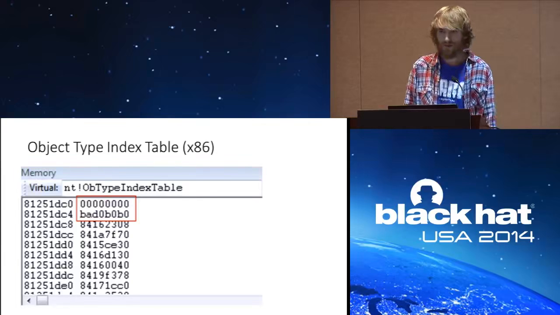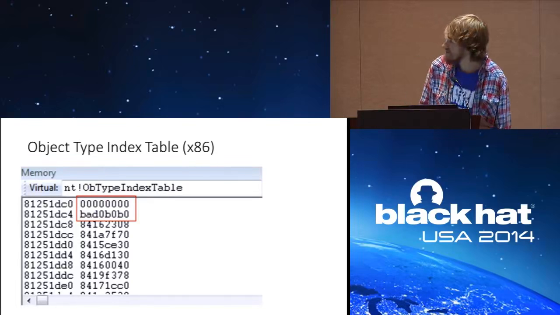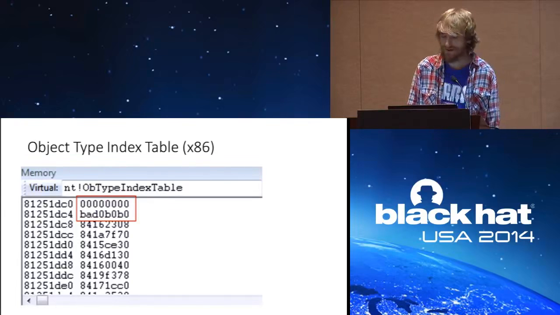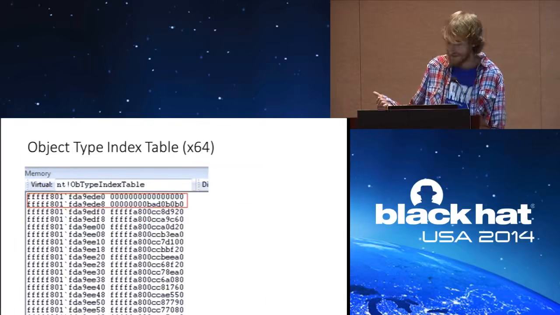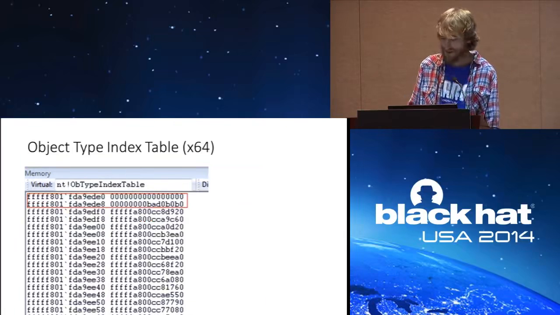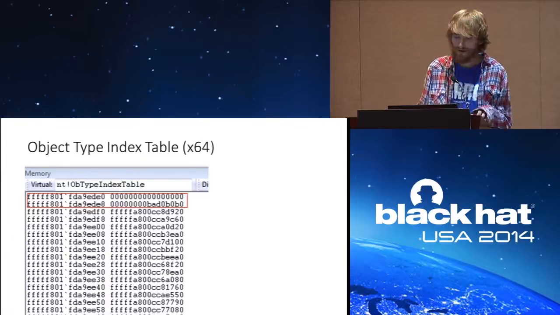Before Windows 8.1, if you take a look at the first elements, the first is 0, and the second one is some magic constant, 0xBAD0B0B0. On 64 bits, it is extended by zeros. Basically, that kind of magical value is allocatable.